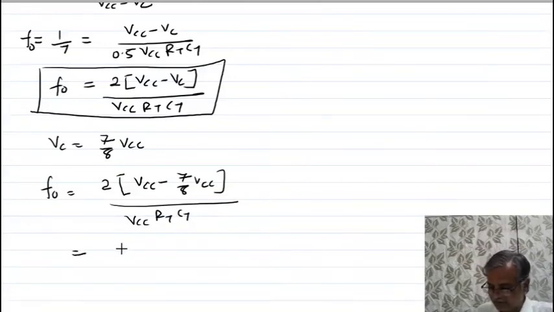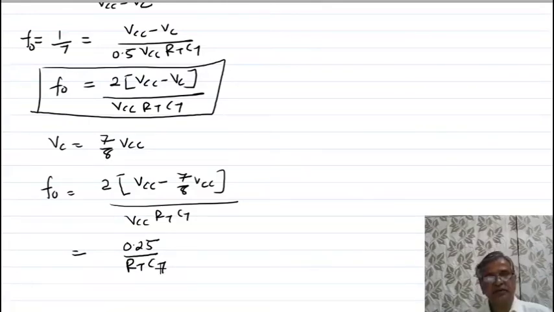If you calculate this value, you will get nearly 0.25 upon RT into CT. You can see that the expression of frequency F0 depends upon the initial value of the voltage VC.